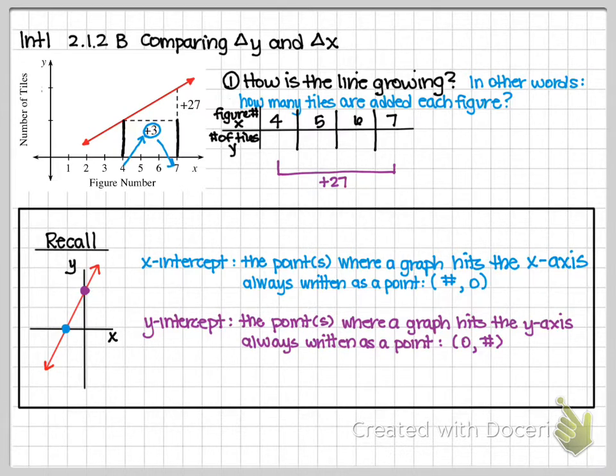So that means that I know I'm adding the same amount every single time. So I think my job is to figure out, well, if over 3 tile sets, I went 27, how far did I go from one to the next, to the next, to the next? So that's what I would like us to try to figure out.